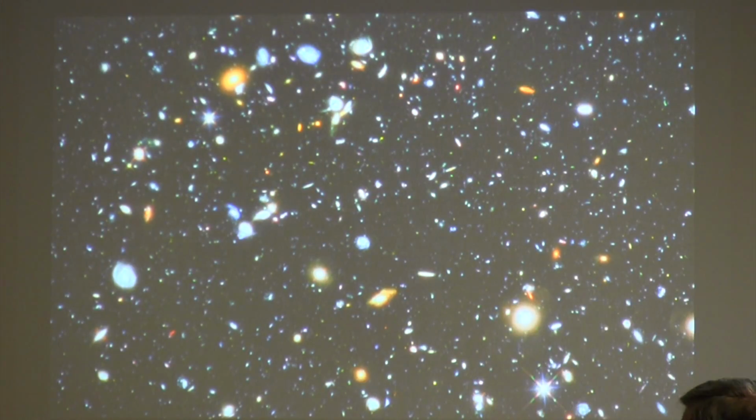Almost everything you see here is a galaxy. It's a galaxy that's roughly the size of our galaxy. They appear small because they're so very, very far away. There are a couple of stars here. The diffraction spikes show that there's a star that's in our galaxy. When I look at this, I almost get a sense of vertigo because I feel like I'm looking into this abyss, almost like looking down a very, very deep canyon.